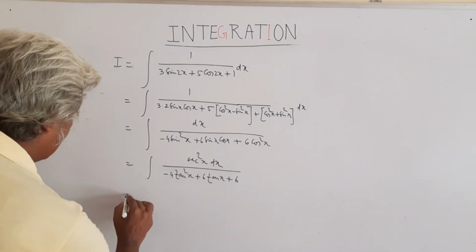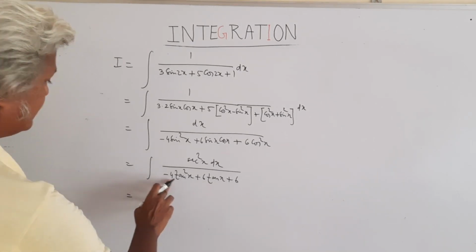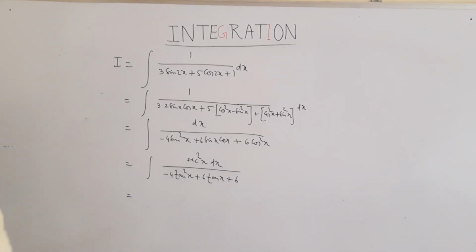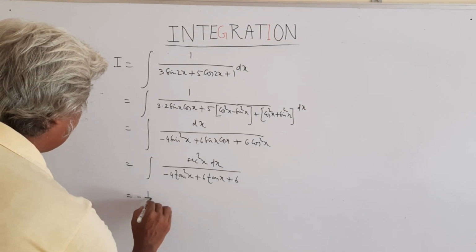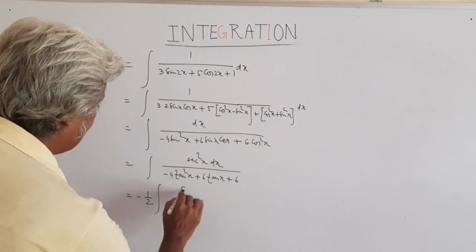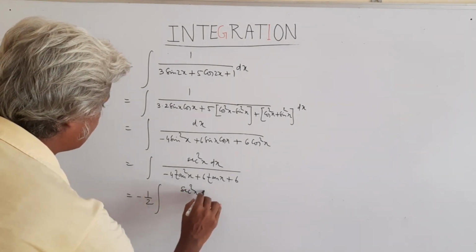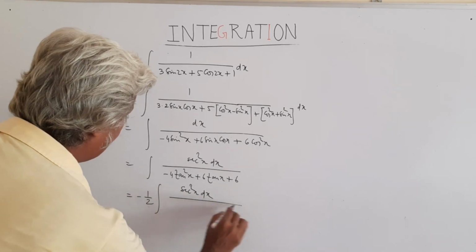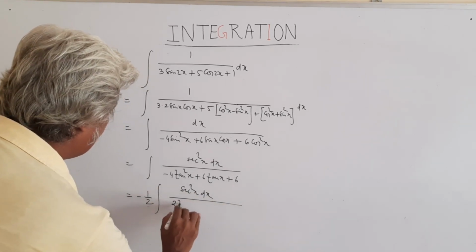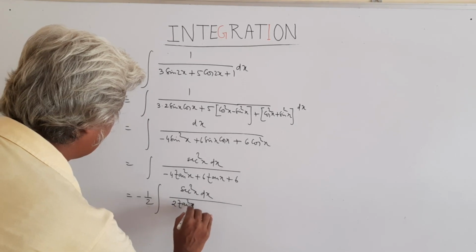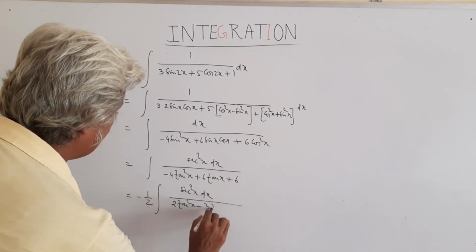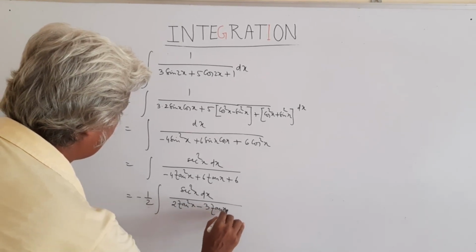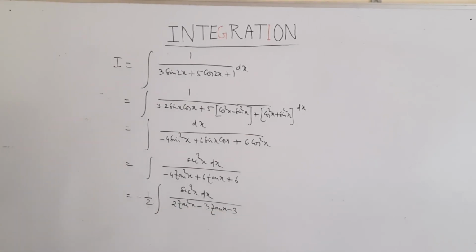So first let me get rid of this negative coefficient. So I take minus 1 over 2 common, and then I get sec square x dx. This will become 2 tan square x minus 3 tan x minus 3.